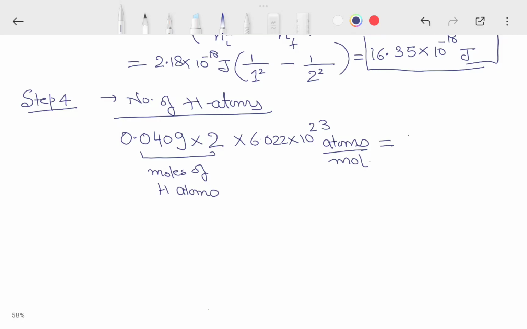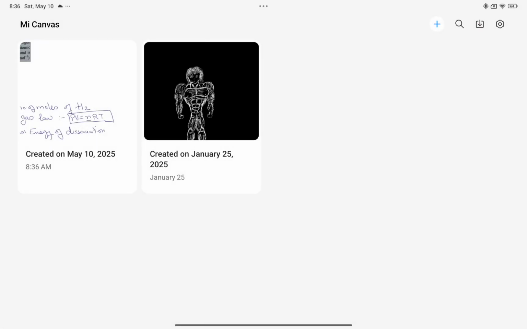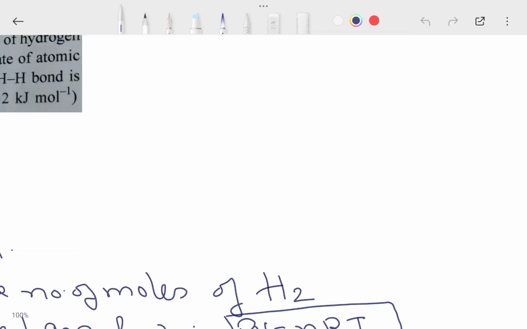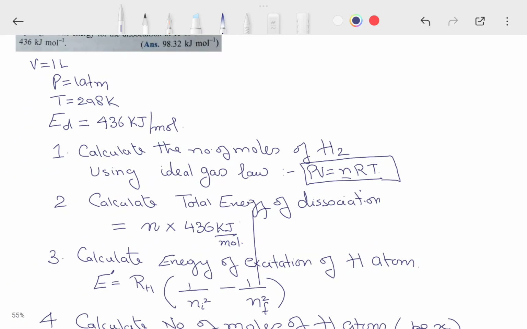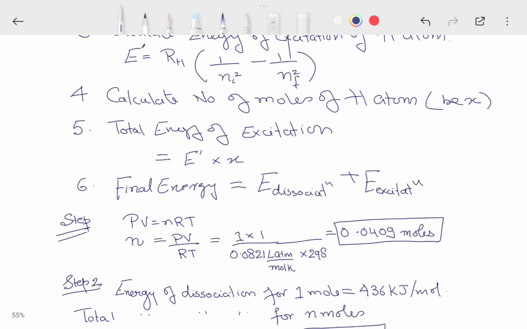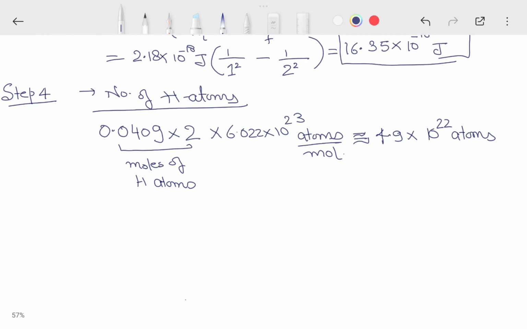This comes out to be approximately, not the exact value, 4.9 into 10 raised to the power 22 atoms.